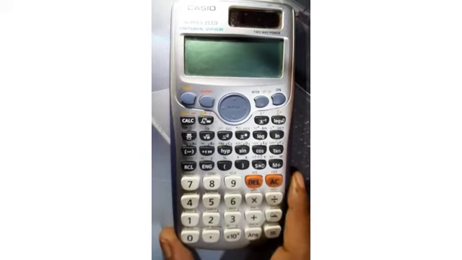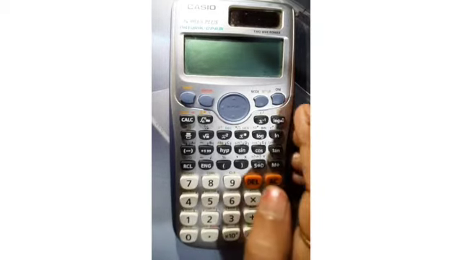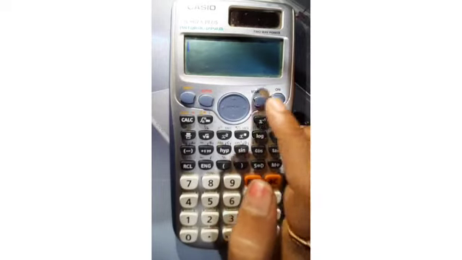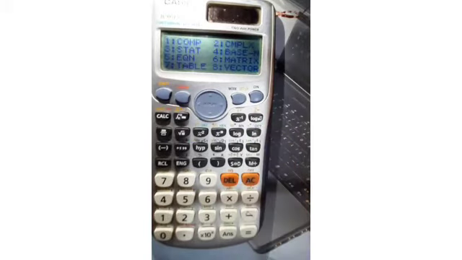Let us see the same example in this calculator, that is the 991 ES Plus. So turn on your calculator, then press the mode button. Here a list of functions is displayed. The second mode is complex, so press 2.